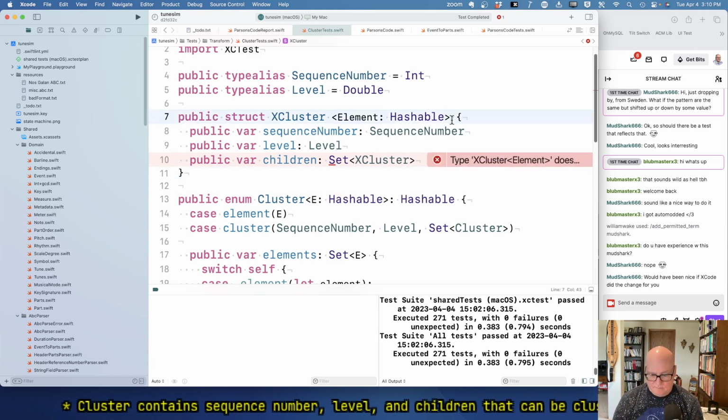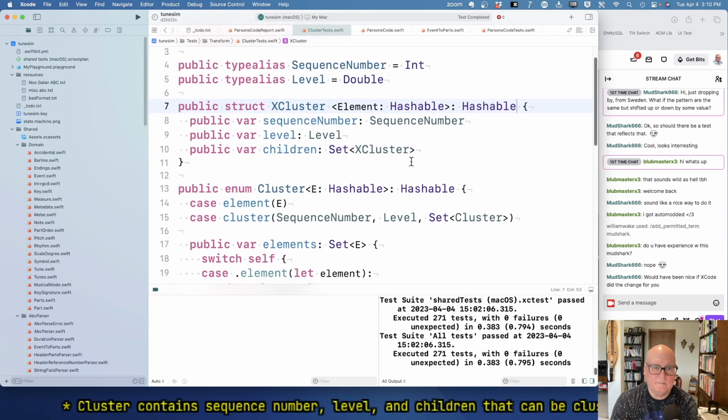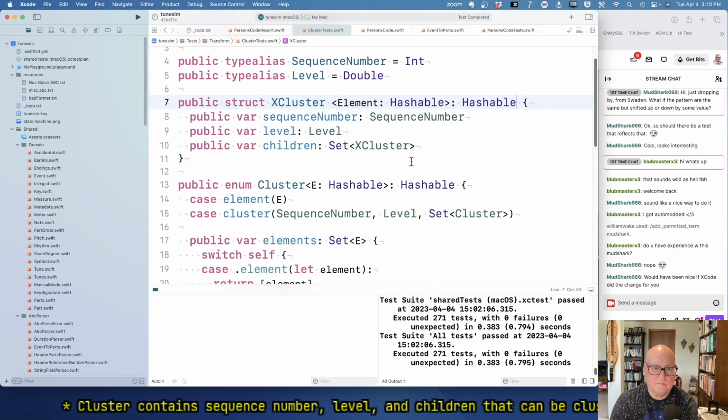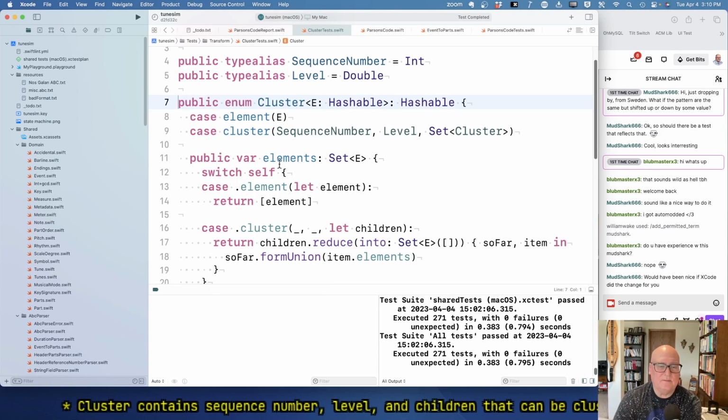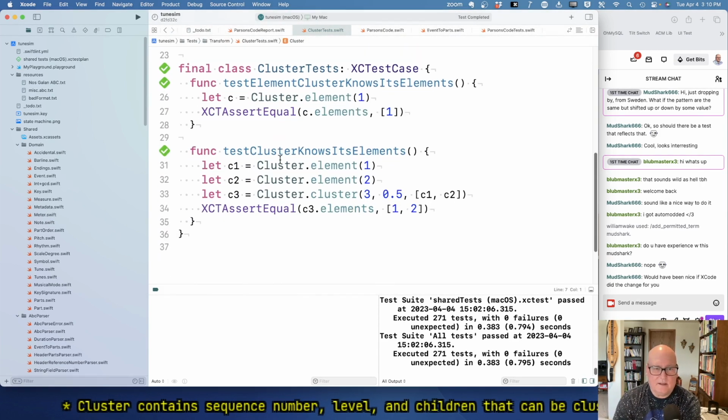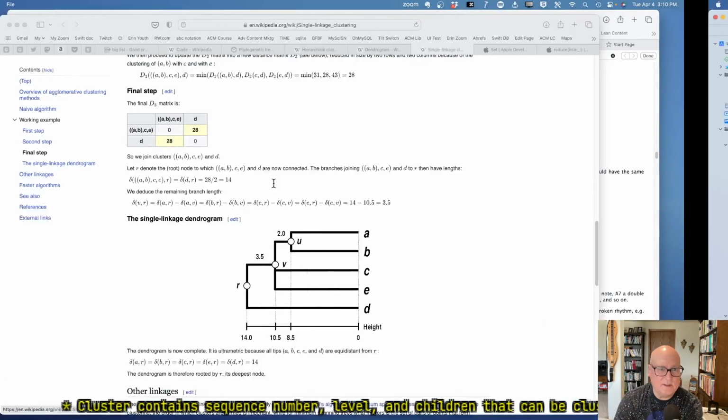Oh. Okay, it might have worked, but I'm going to keep it this way for now. Is that enough to do anything with our algorithm?